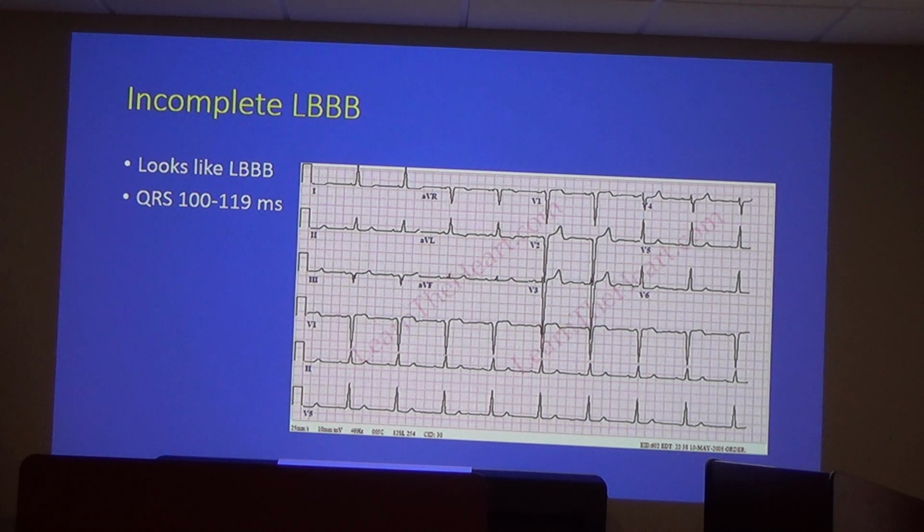And what that means is there isn't as big of a delay from the right ventricle to the left ventricle. So there's some cell-to-cell conduction, but there's still probably some slower left bundle conduction. And so instead of the two things being widely separated, they're just narrowly separated. And so you don't have as distinct a separation between the two activations of the two ventricles.